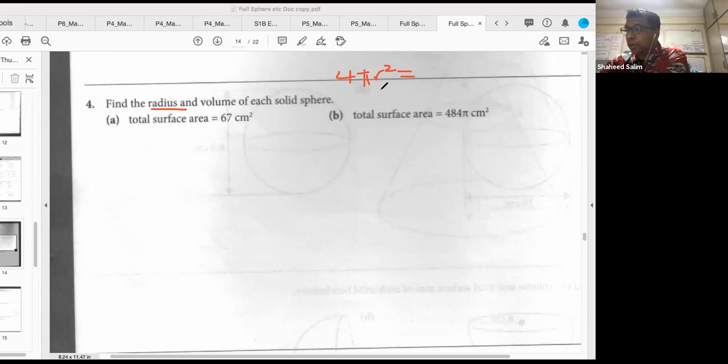You gotta check, you gotta find the radius first. So you do like this: 4 times 22 over 7 times r squared is equal to 67. Remember, just now I taught you how to get rid of this. Do the same thing, times the left side, times the right side, get rid of all these numbers. You have r squared, later on square root. Well done, Nishi. Once you found that, you find the volume straight.